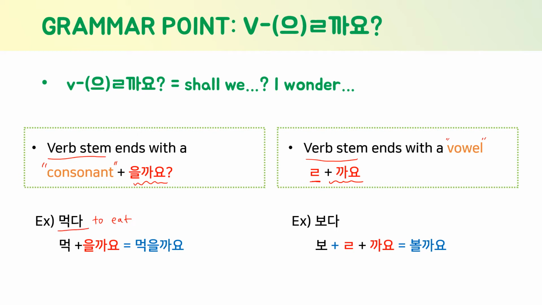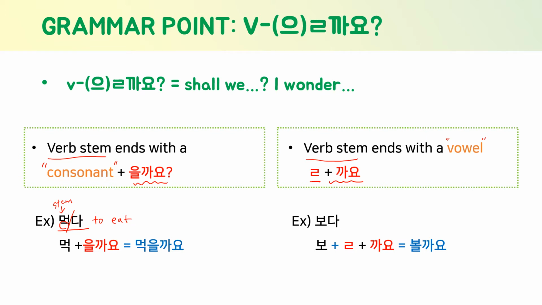This is the base form, right? And then you conjugate with the verb stem. The verb stem ends with a consonant, so all you need to do is add 을까요. It becomes 먹을까요.